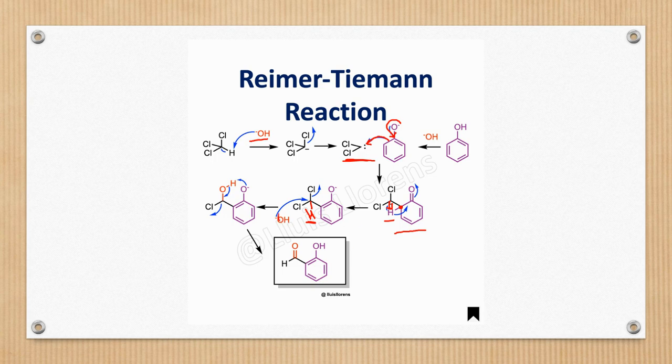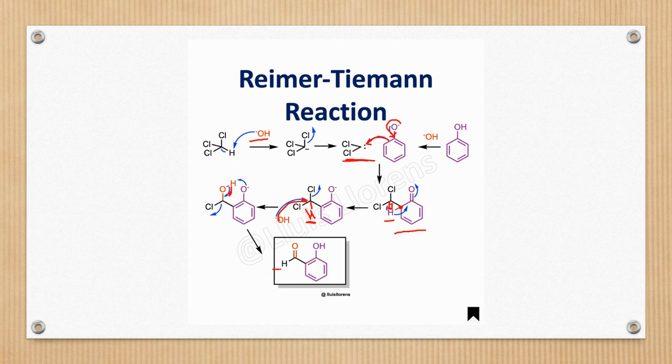So now again this OH minus will attack on this position and will leave out this Cl minus again. So one Cl minus is leaving when KOH is attacking, and another is leaving when this OH will come down to form the carbonyl group, and Cl will leave out to give you the aldehyde at the ortho position of the hydroxy group.